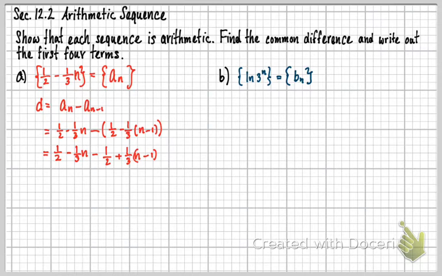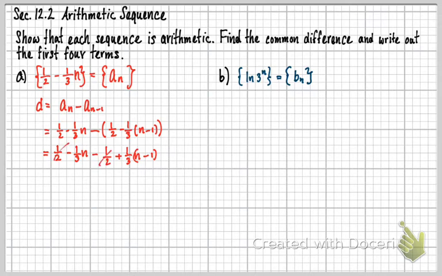So now I can see that when I put these together, they're going to cancel because I have a positive here and a negative here. I have to distribute first. I'm getting a little ahead of myself.